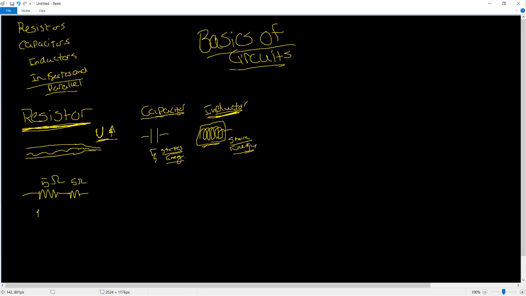What's the total resistance? So basically when they're in series, so when they go from tip to tip to tip, so they just go in a series, they add. So in this case, it's just 10 ohms. So that's a series circuit.